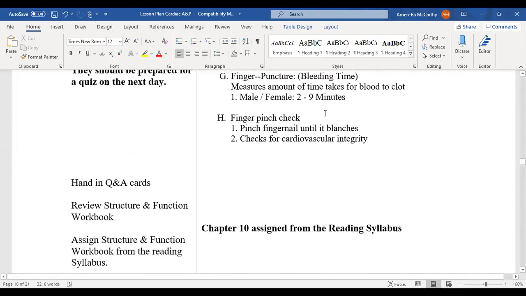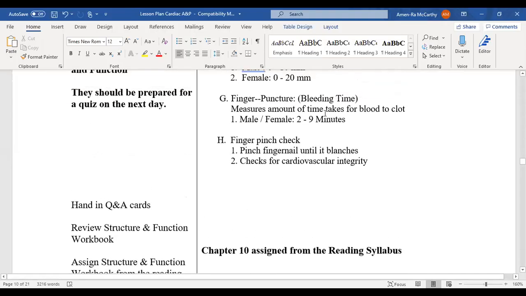All right, what about the finger puncture? What do we say the finger pinch check was for? Make sure everything is circulating. Cardiovascular integrity. We do the finger pinch check to see if your cardiovascular, which is which side? Right. The systemic or left side is doing what it's doing, because everything in the blood in the hands comes from the left side of the heart.